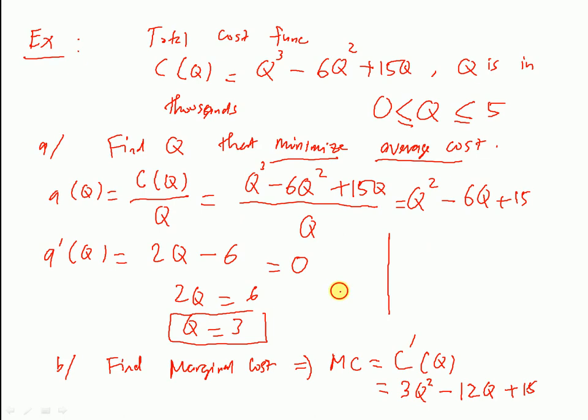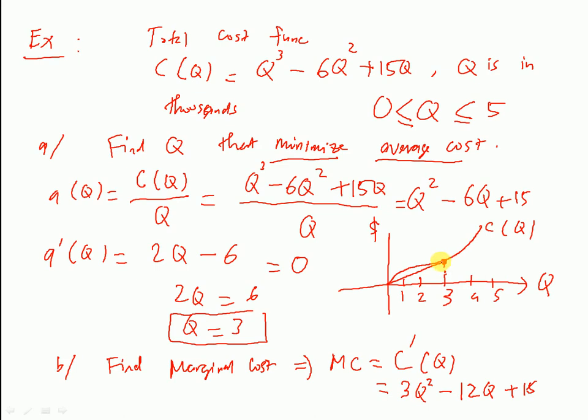Now, if I graph this on the XY plane, this is the C of Q. So this is 1, 2, 3, 4, 5, and so on. At the point 3,000 here, we have the minimum for the average cost. Remember, the average cost is just the slope from the point on the curve of the cost function to the origin.